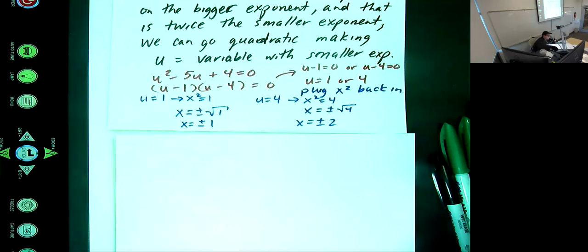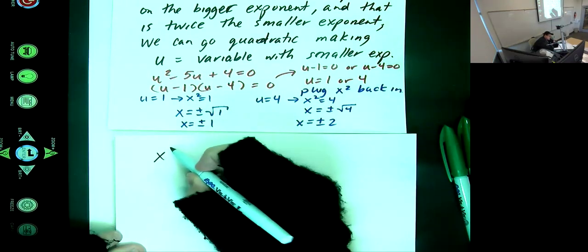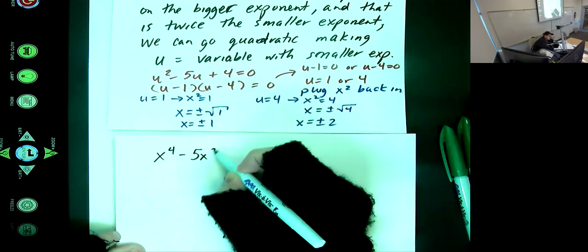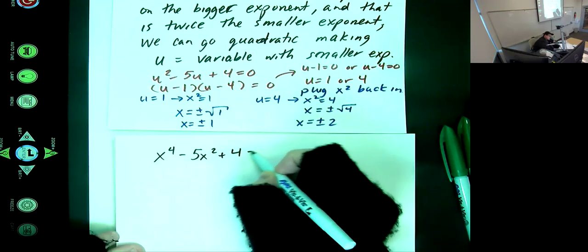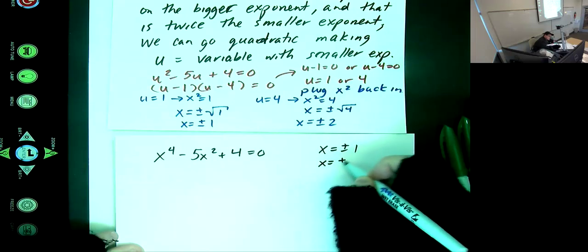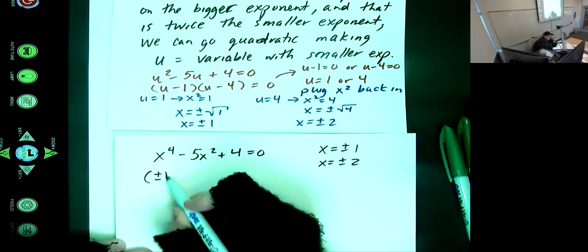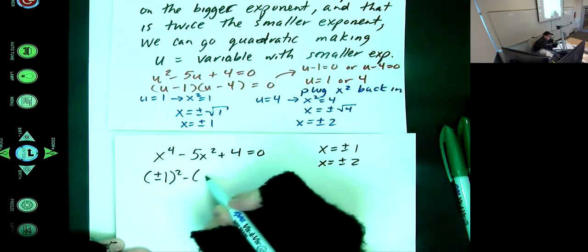And we should probably check in the original equation. It kind of doesn't matter whether I stick in 1 or negative 1.